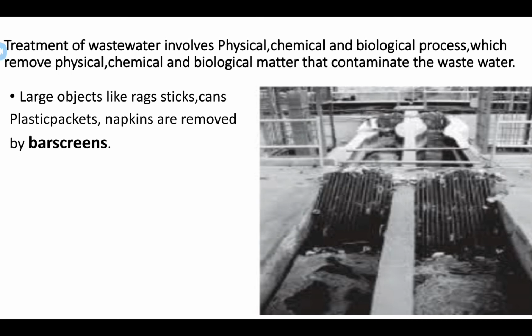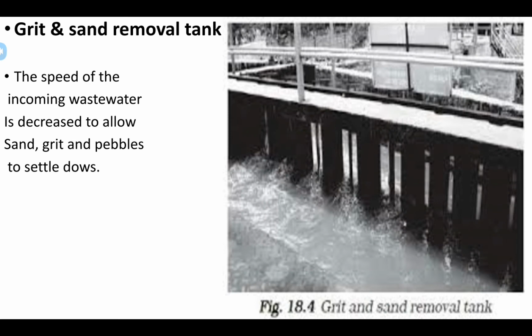First, this wastewater is passed through bar screens in the WWTP. Observe this picture. Generally which kind of waste is separated through bar screens? Rags, sticks, cans, plastic packets, napkins. That means solid material is mainly separated by the bar screen. Then this water goes to the next chamber, the grit and sand removal tank.